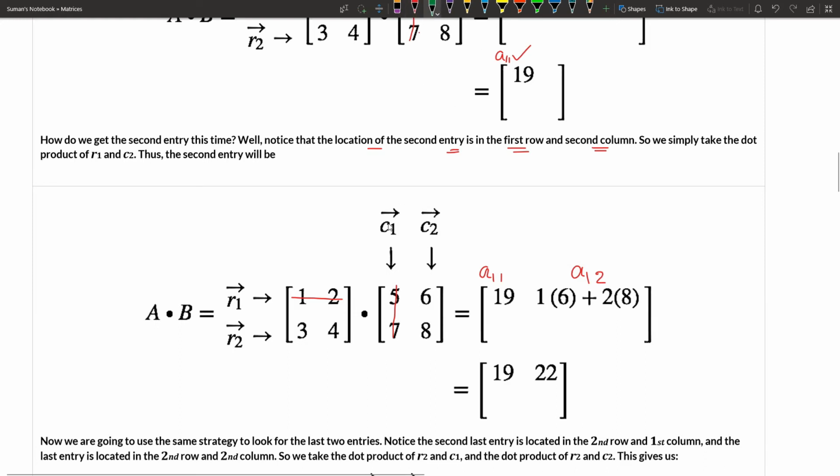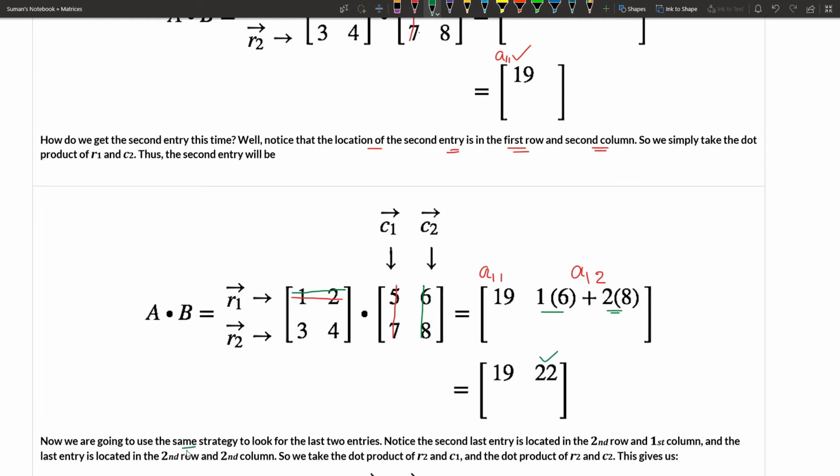The second entry is according to the first row and second column, and we have pointed it using the green color. So that must be 1 into 6 plus 2 into 8, which is 6 plus 16, or 22.